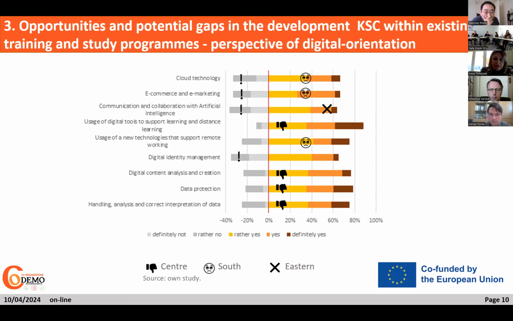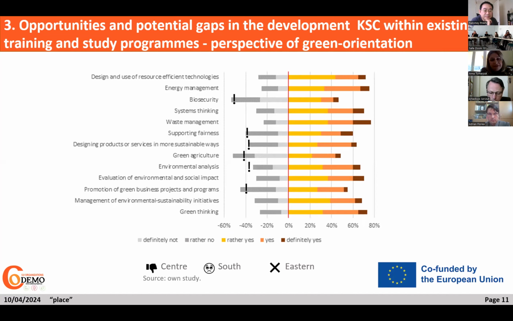And the third dimension, green orientation. Here we have a lot of gaps in perception of training programs. 6, according to the average of respondents, 6 factors should be improved, and we also can observe differences in the regional perspective.